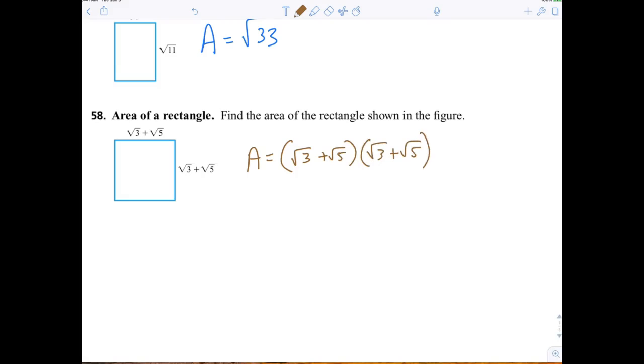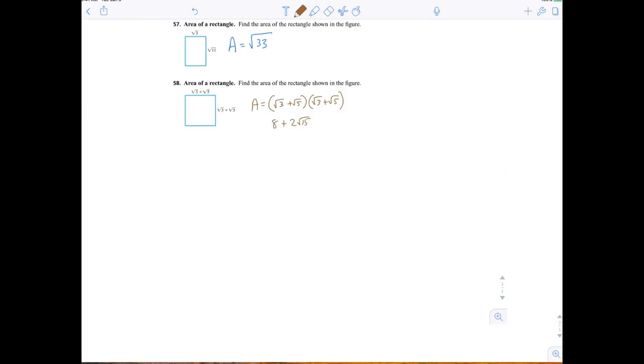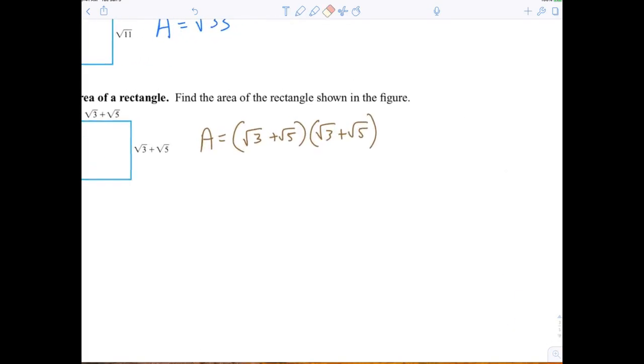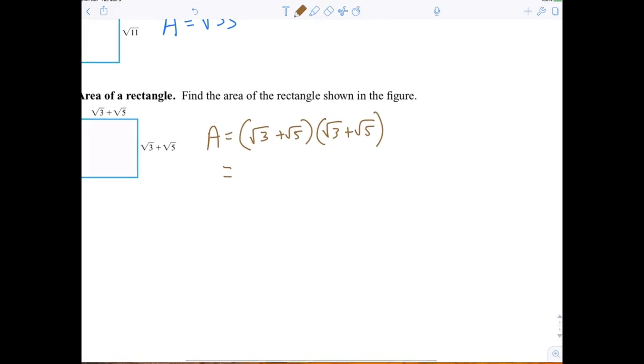All right, let me give you a quick minute to see if you can do that. All right, square root of 3 times square root of 3 is 3, plus radical 15, plus radical 15, plus 5. So 3 plus 5 is 8. Don't forget 1 radical 15 plus 1 radical 15.